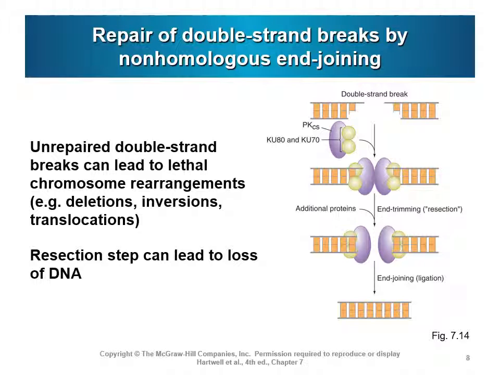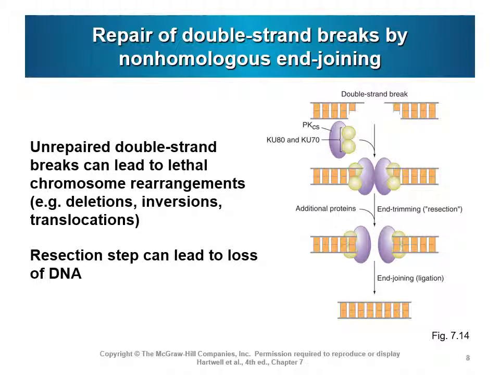So what happens here: proteins come and clean these broken sites, and they bring two fragments of DNA together, the first fragment and then the continuation after the broken part. They bring them together and then just join them.